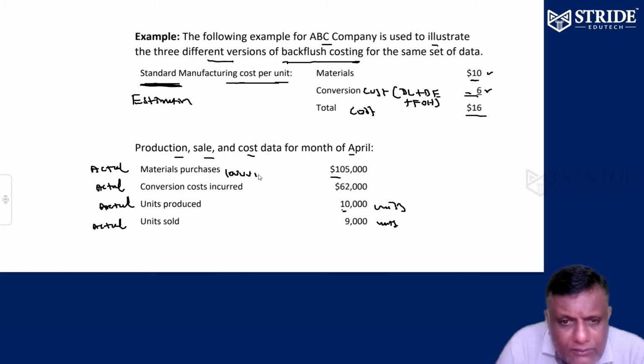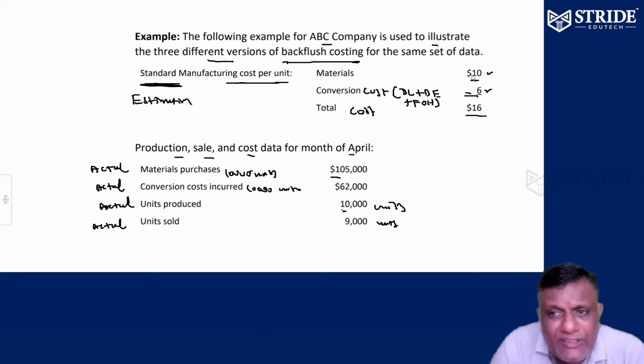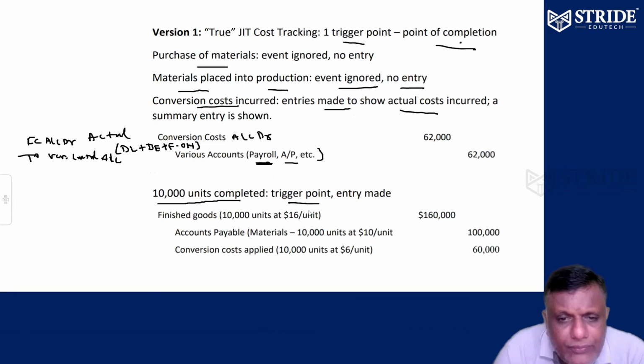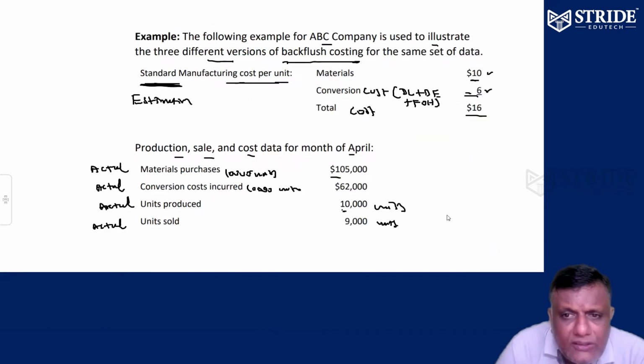So 10,000 completed is the trigger point for the finished goods entry, at 16 rupees estimated cost per unit.